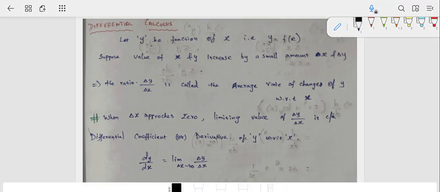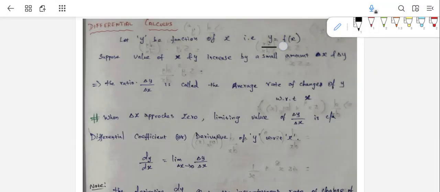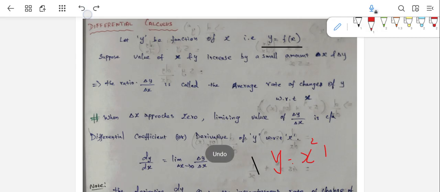Y is a function of x means y can be expressed in terms of x, like when you write y equals x square plus 3x. Like this, many equations you write. When you write y in terms of x, that's called y is a function of x.